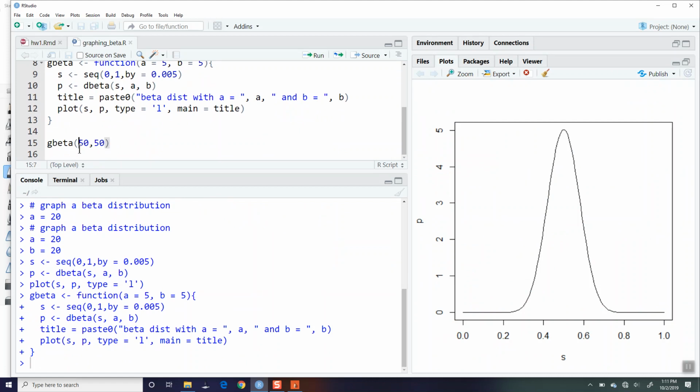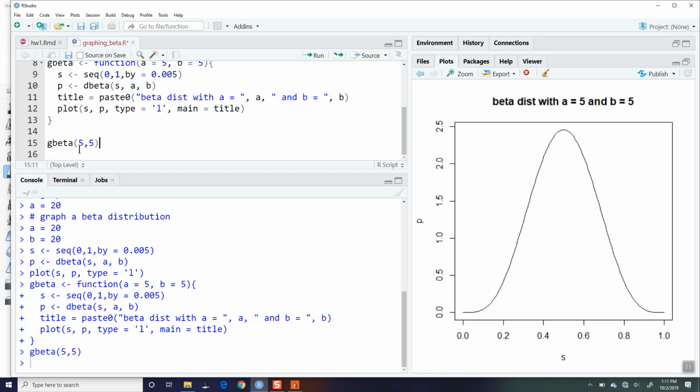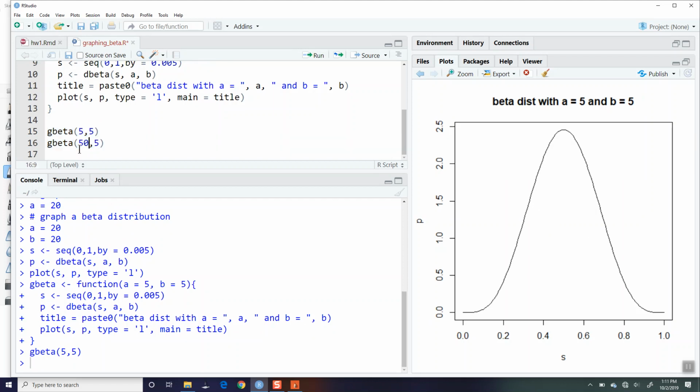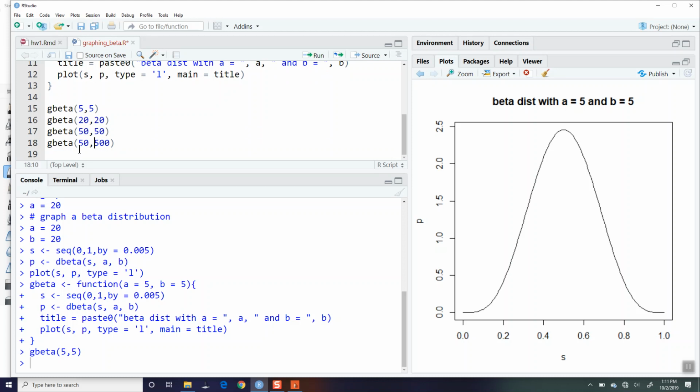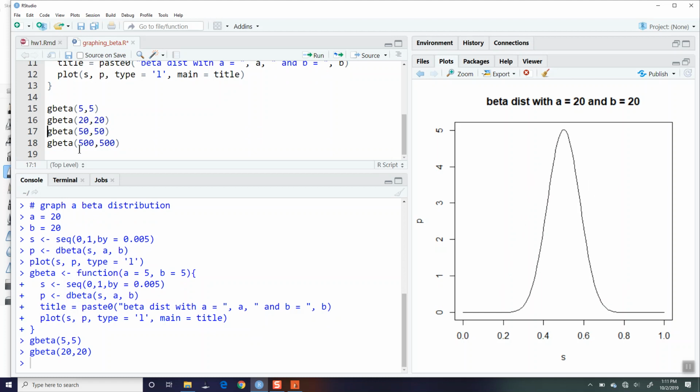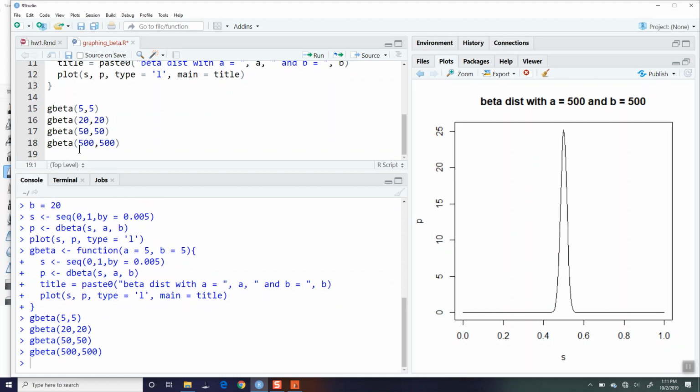So here I can say, what if we graph beta with 5, 5, and it looks like this? What if I graph 20, 20, and then 50, 50, and then maybe 500, 500. Okay, and I think we saw this on Monday. So this is beta 5, 5, beta 20, 20, beta 50, 50, beta 500, 500.